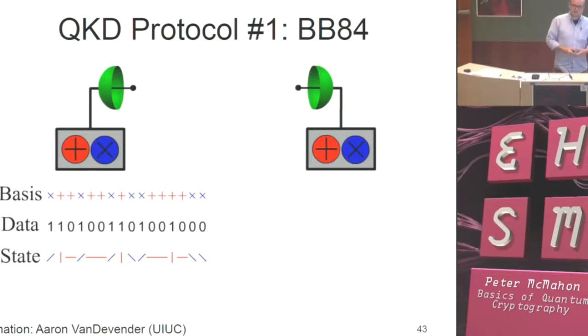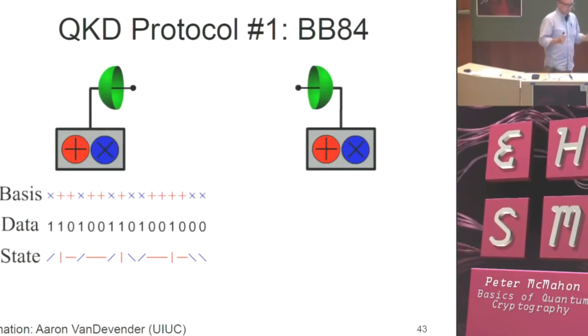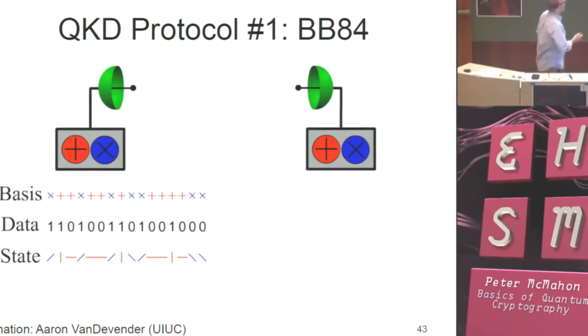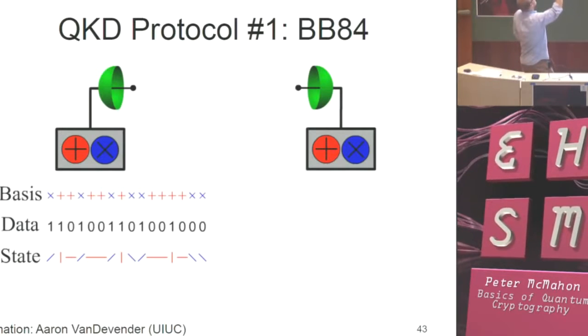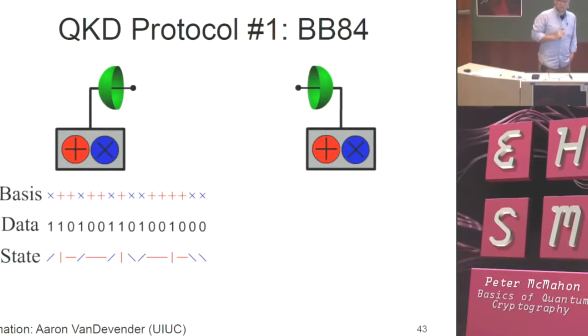At the end of the protocol, Alice and Bob should share some random bit string. There's a quantum channel here between Alice and Bob, and in this channel we're going to send photons that have some polarization.